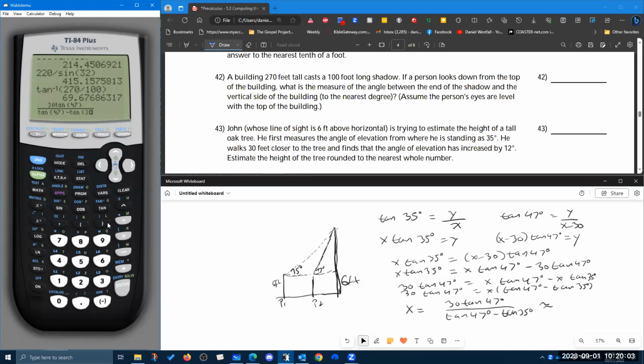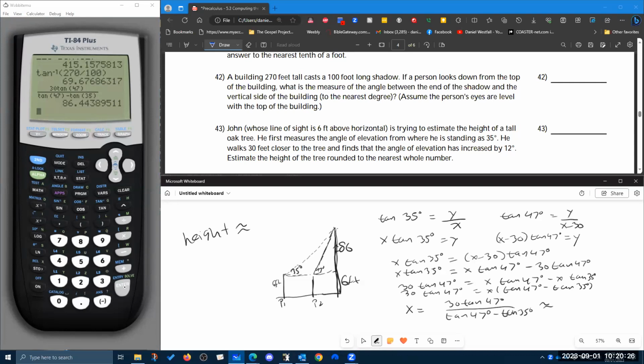Now this is only helping me find y, which is the height above John's eye level. So we want to estimate the height of the tree rounded to the nearest whole number. So this is 86 roughly, but I need to add 6 feet to that. So the tree is approximately 92 feet.